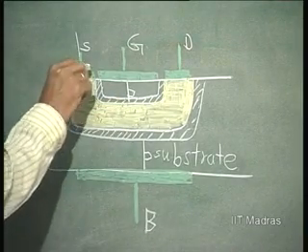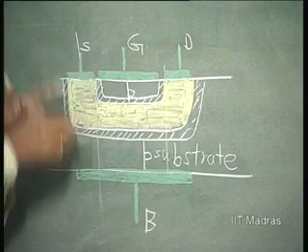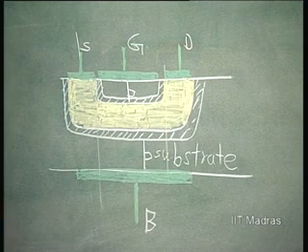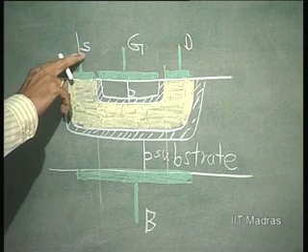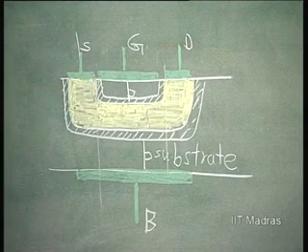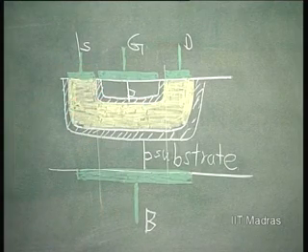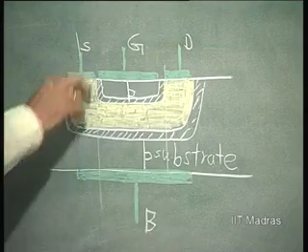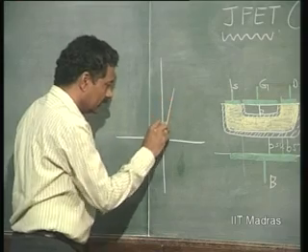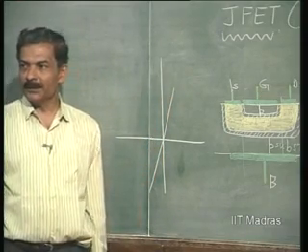Let us assume that this is the channel length and there is a certain width here. The depth here is going to be fixed by the extent of reverse bias applied between gate and source. If VGS is 0, that is going to be a normal depth. That means this particular thing is going to be a plain old resistor for VGS equal to 0.